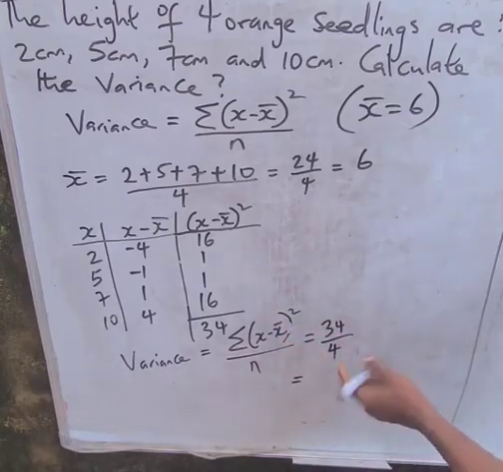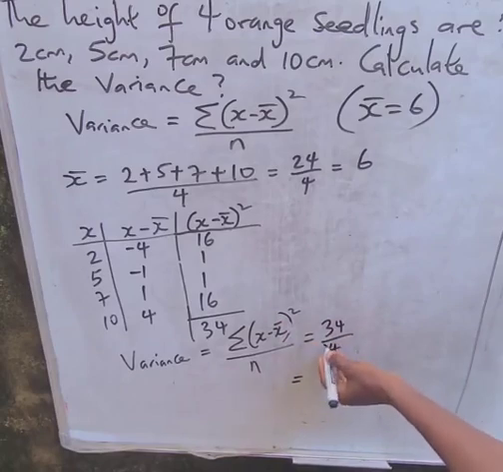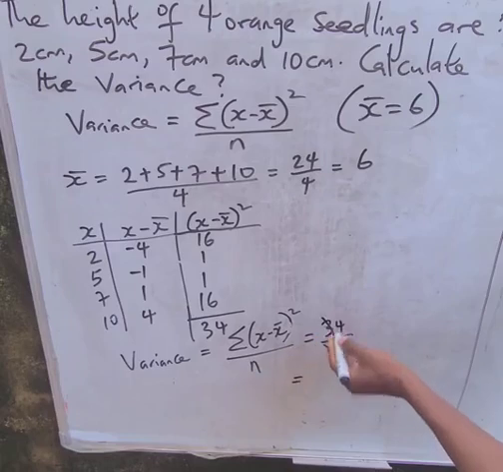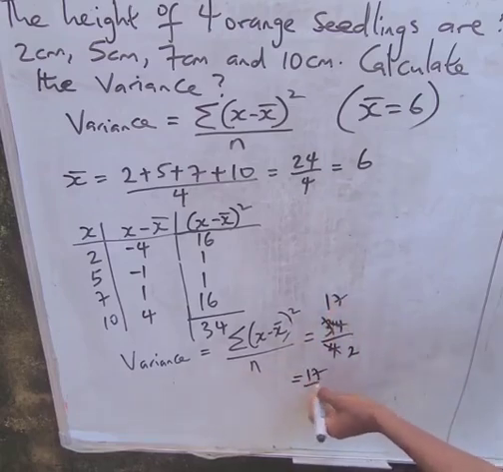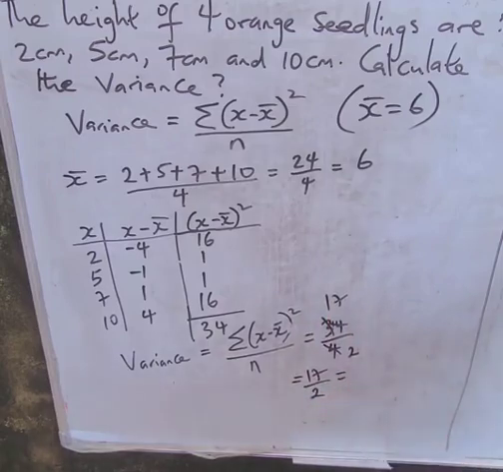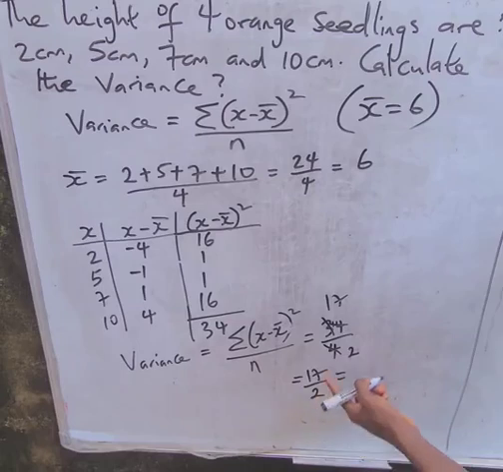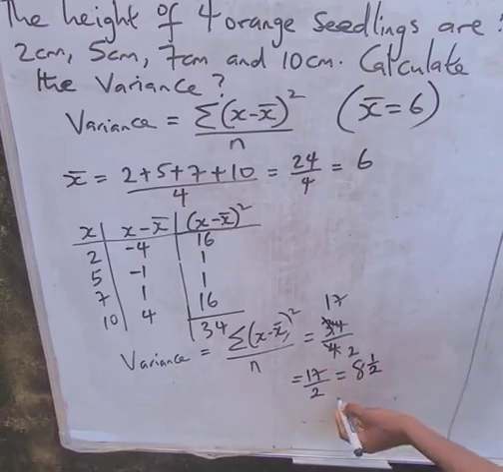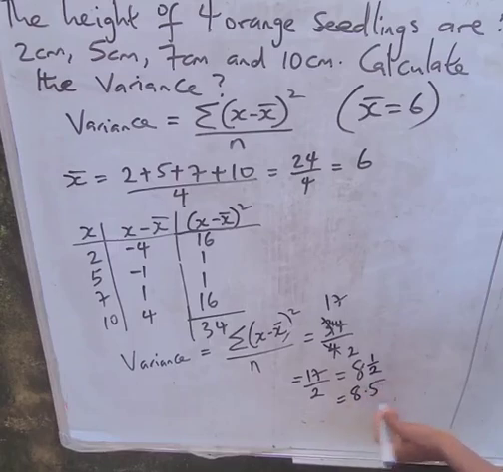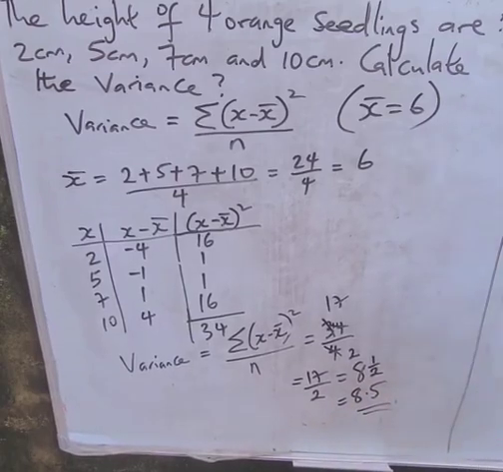So let's divide. 34 over 4 simplifies to 17 over 2. And 17 over 2 is 8 remainder 1, so 8 and 1 over 2, or 8.5. So our variance is 8.5.